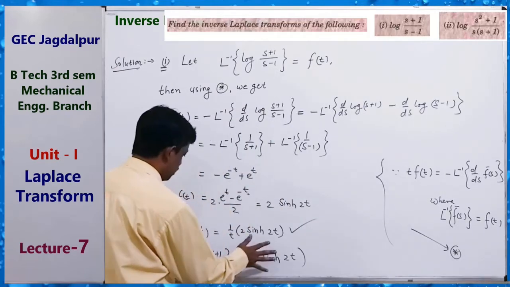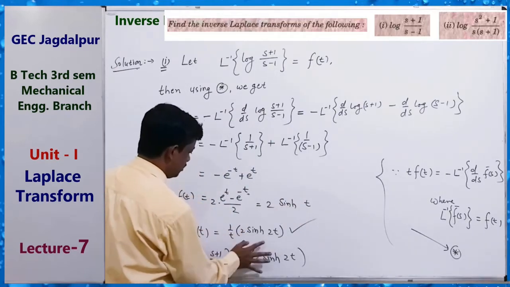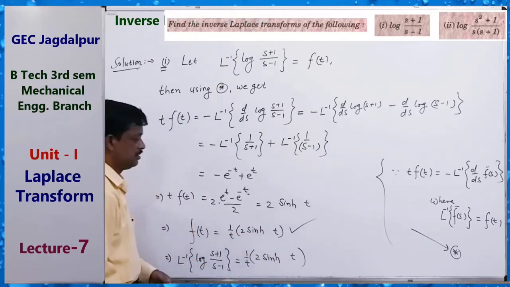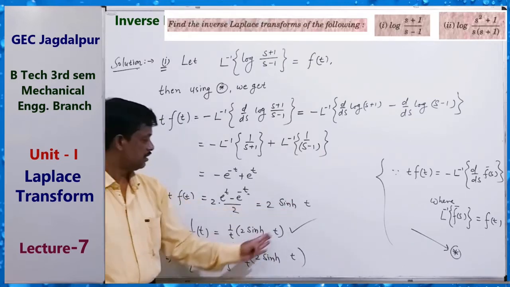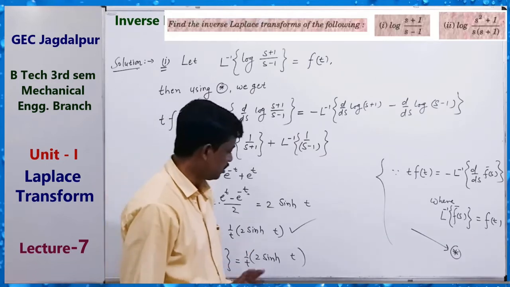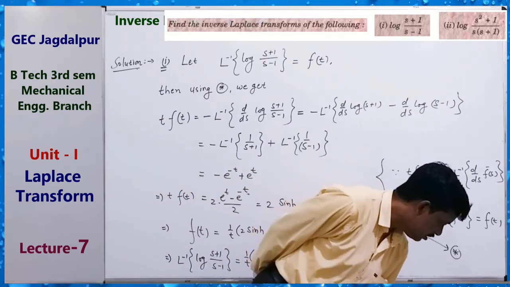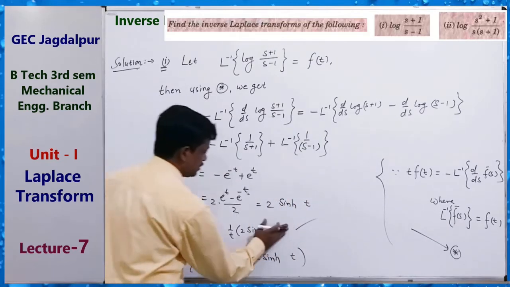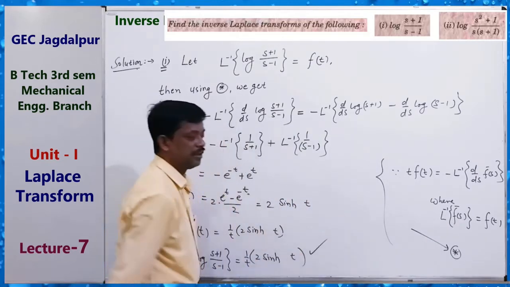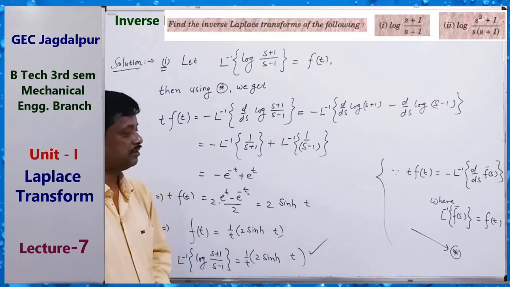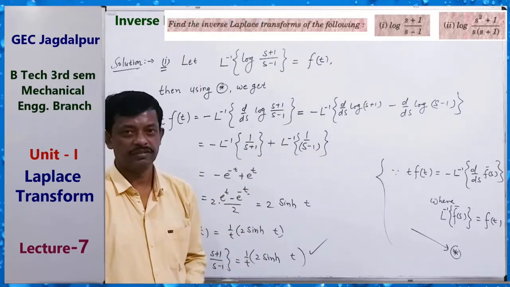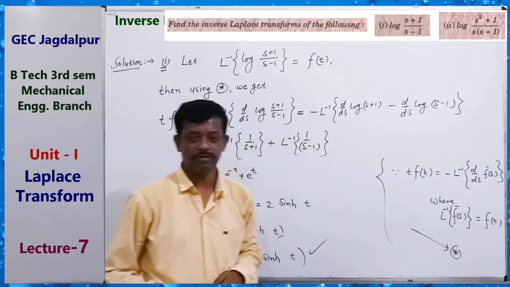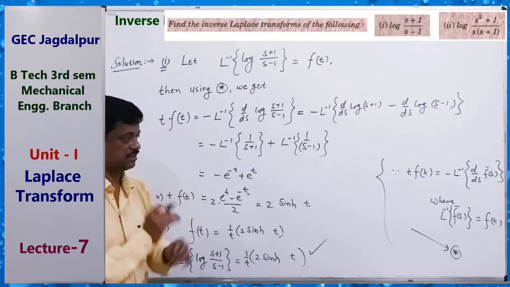Sorry, not sine 2t, only t: hyperbolic sine t. So it is 1 by t, 2 hyperbolic sine t. This is our answer. This is the application of this formula: inverse Laplace transform of the derivative of a function of s.